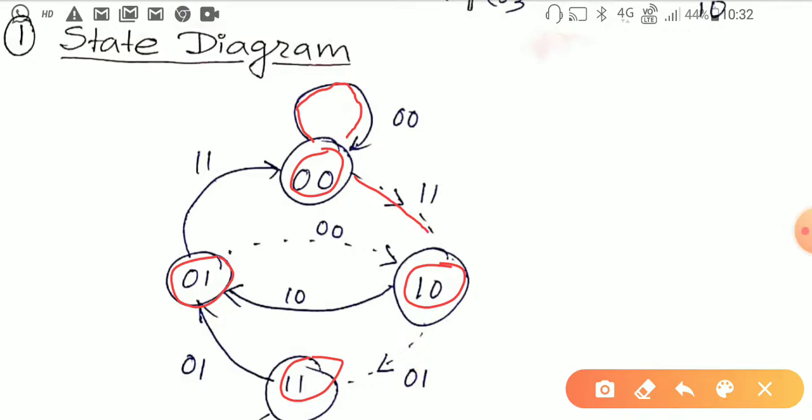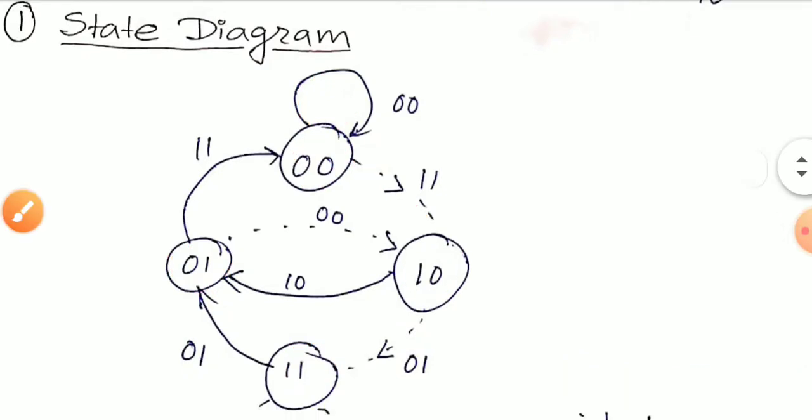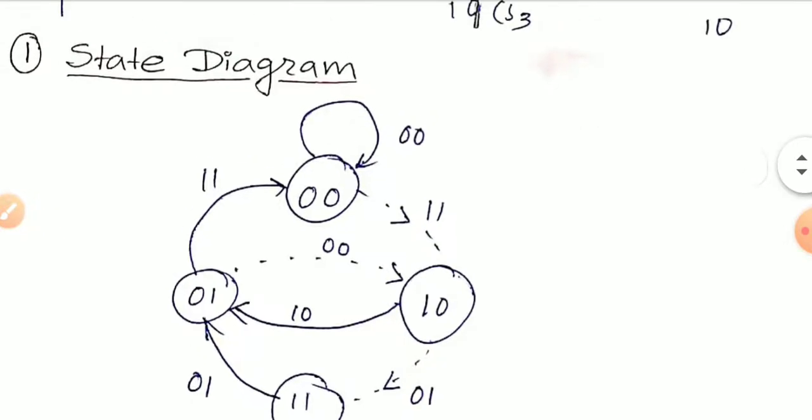From the state table you can check that when the present state value is 0 0 and the input applied is 0, the output is 0 0.